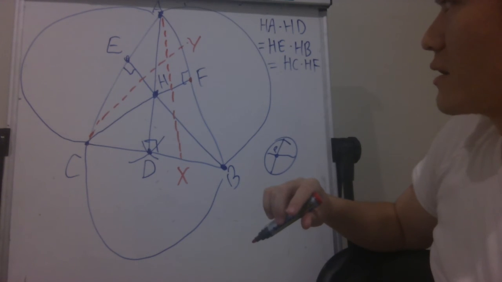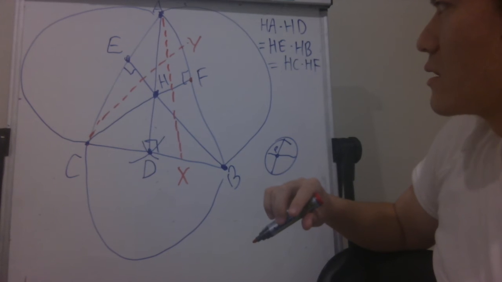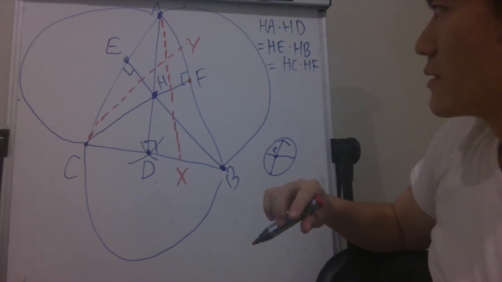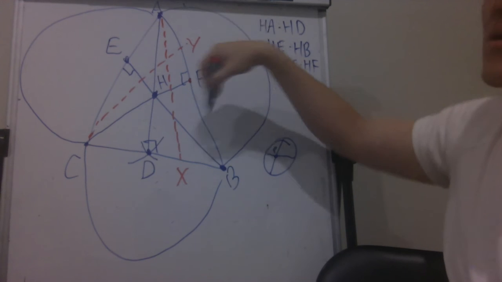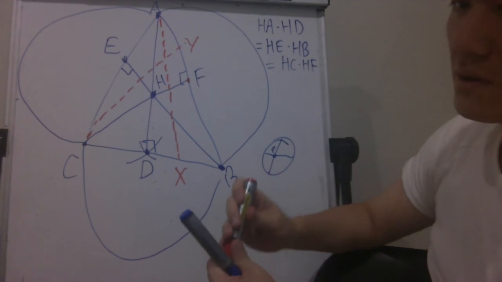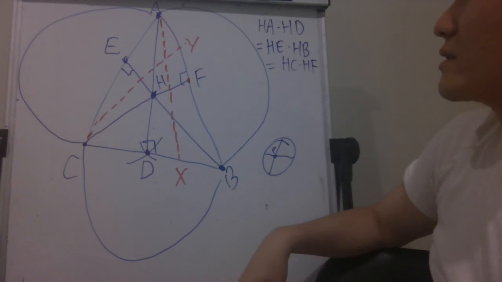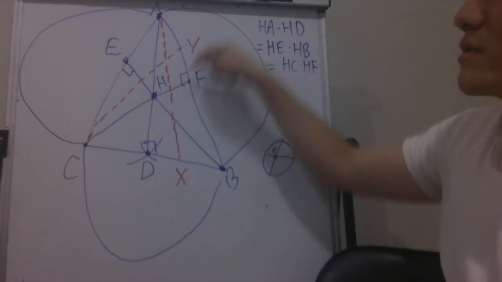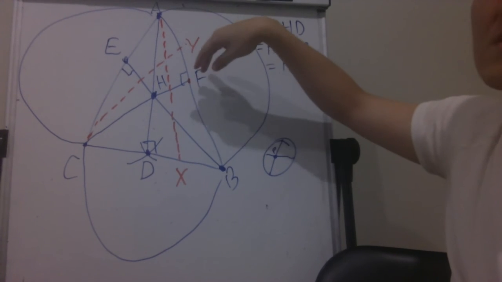So I guess what I'm saying is, if you add these circles, the conclusion is the same. So basically, this orthocenter should lie on the radical axes of any of these circles.